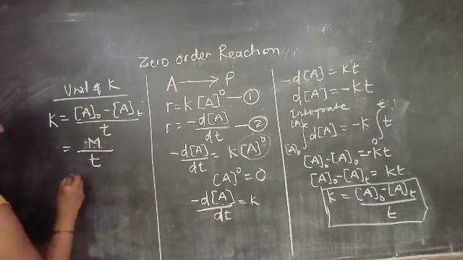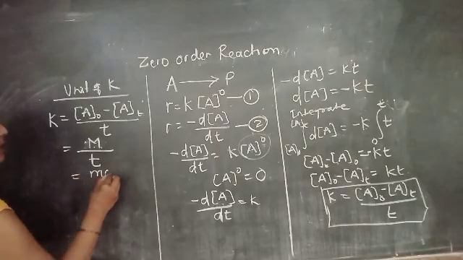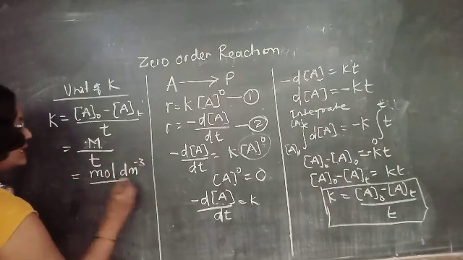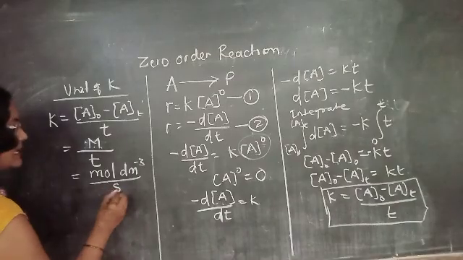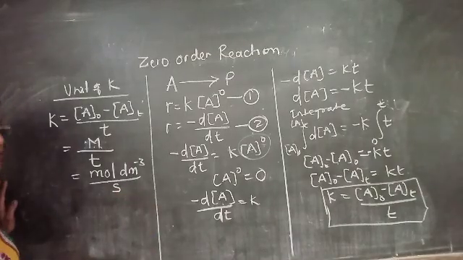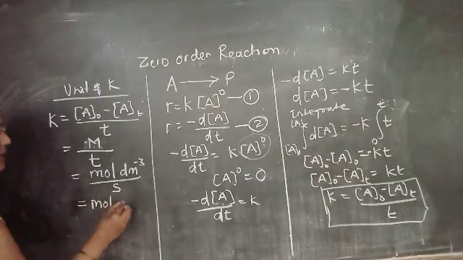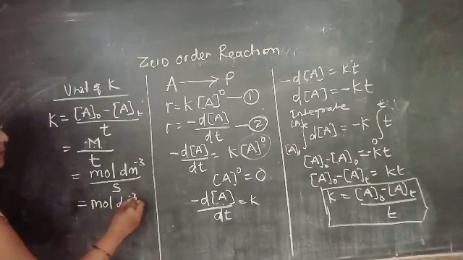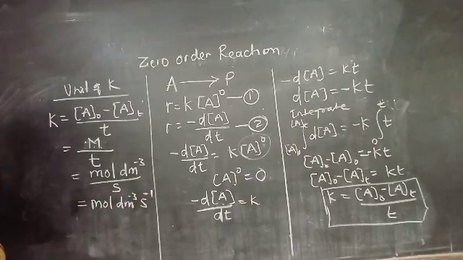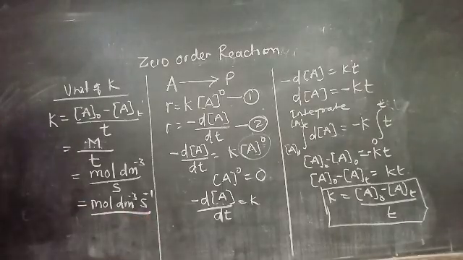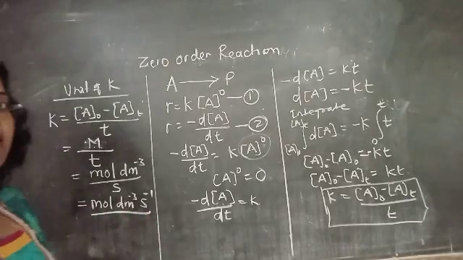The molarity is given by mole per dm cube. Time is either in seconds or minutes. Hence the unit of k can be given as mole per dm cube per second or per minute. This is the unit of k for the zero order reaction.